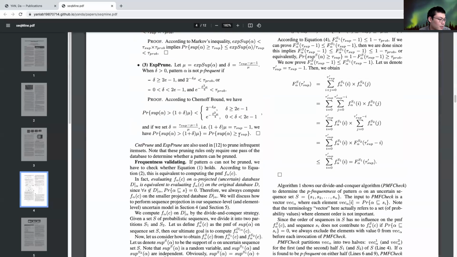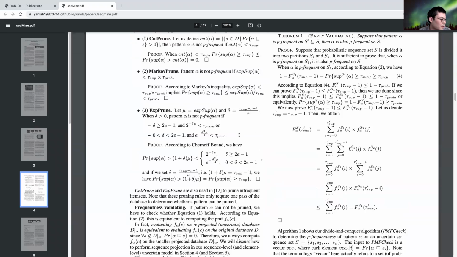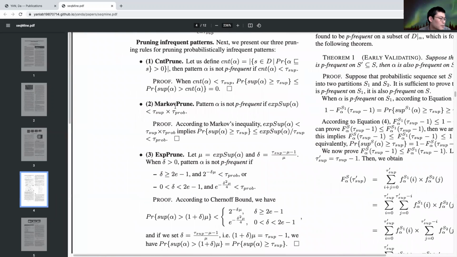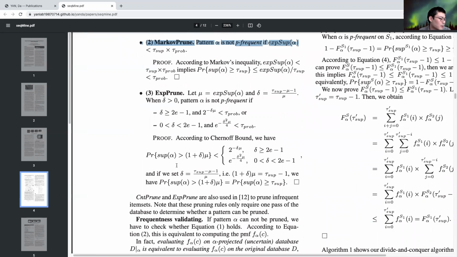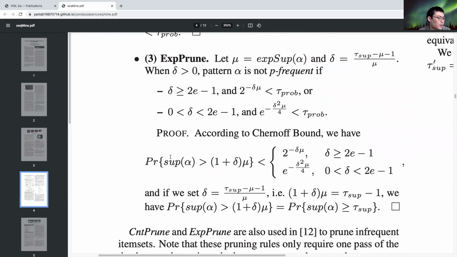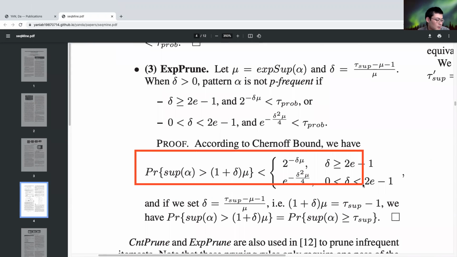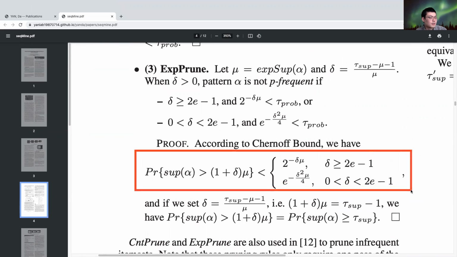So do some derivation on probability. This is a Markov inequality. This is the most popular form of Chernoff bound.